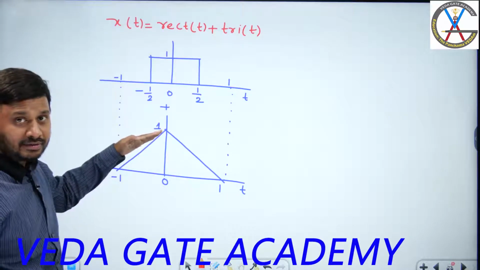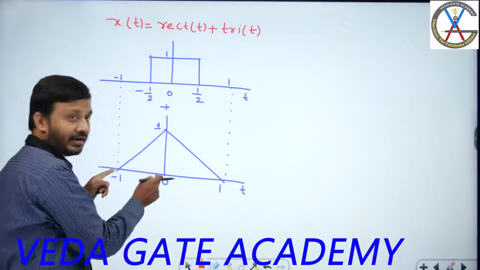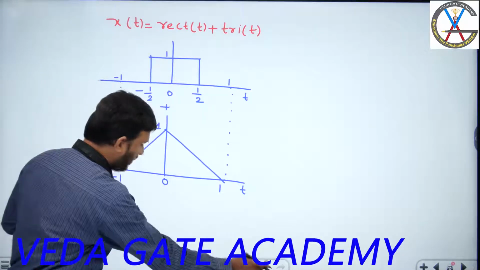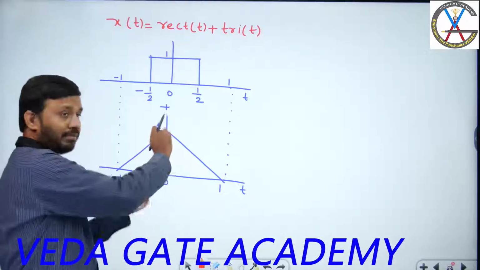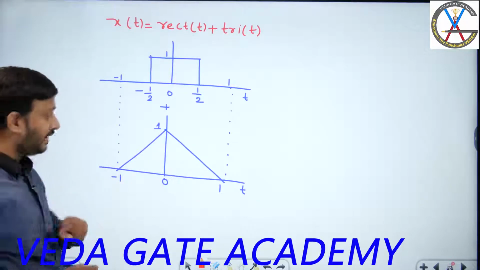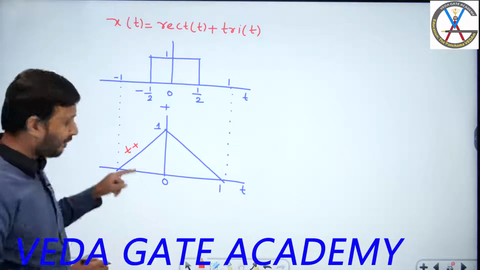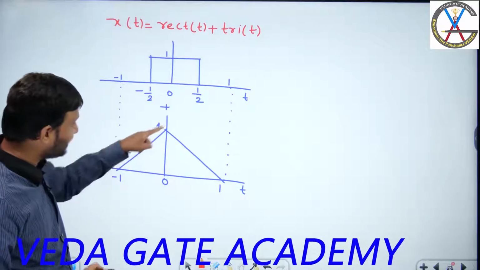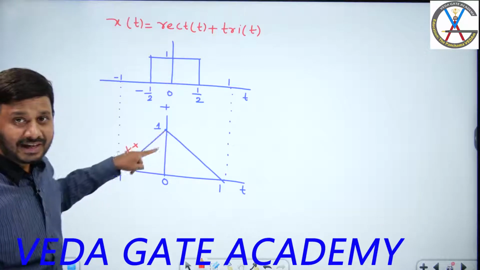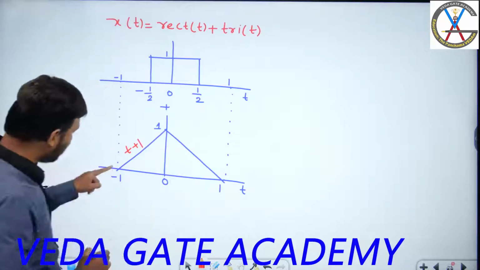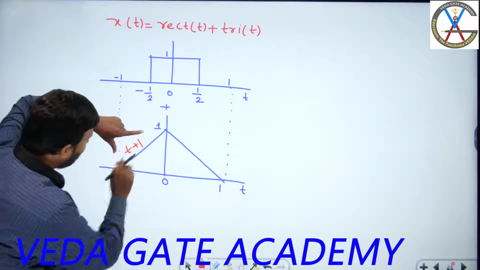So m is the slope. Slope is vertical by horizontal, so the slope is 1. Mx means the independent variable, plus c. C means the point where this line touches the vertical axis, the vertical axis intercept, 1. So the equation of this line from minus 1 to 0 is t plus 1.